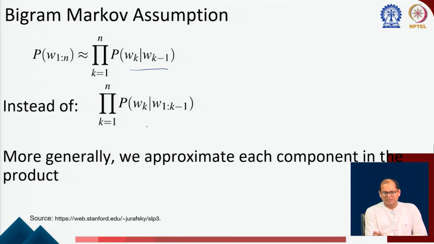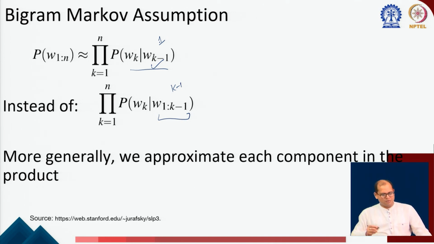So instead of taking the previous k minus 1 words, you are just taking the k minus 1th word. So this is k minus 1 previous words, and this is just one word. This is the assumption that you are making. So we approximate each component in the product.